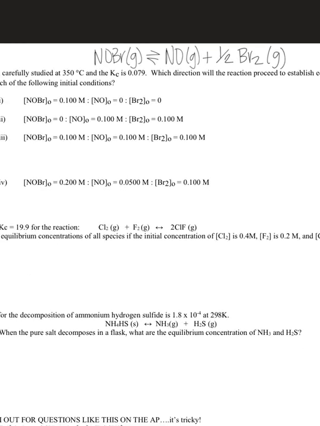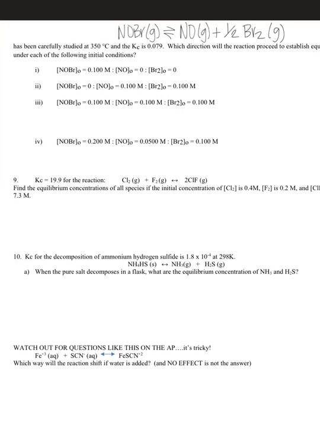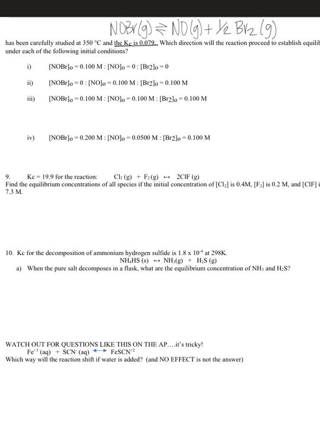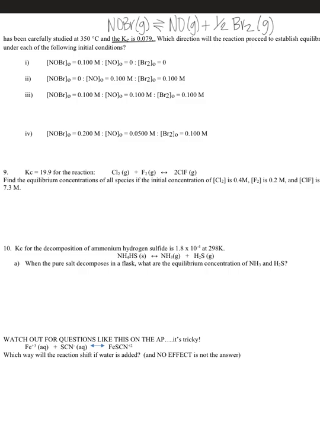Alright, so I got all gases. That's nice. Alright, so using this reaction, it's been carefully studied at 350 degrees Celsius, and Kc is 0.079. Which direction will the reaction proceed to establish equilibrium under the following conditions?